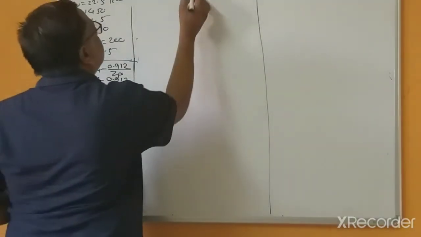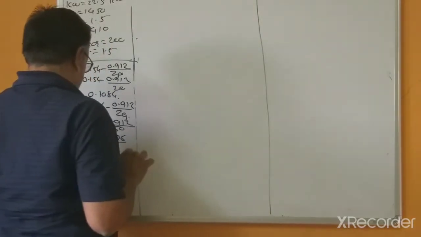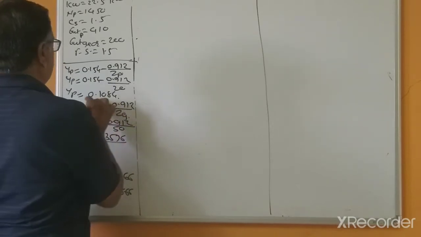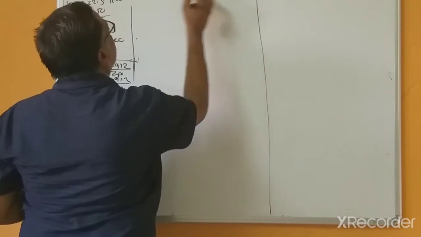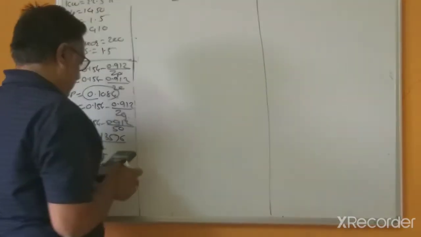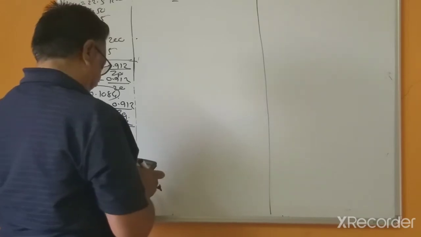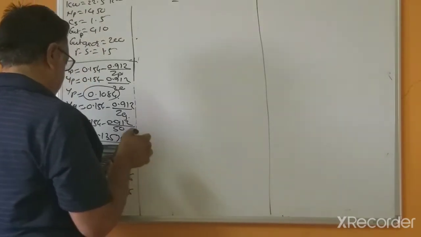This is 136.66 multiplied by YP 0.1084. This is 14.81.